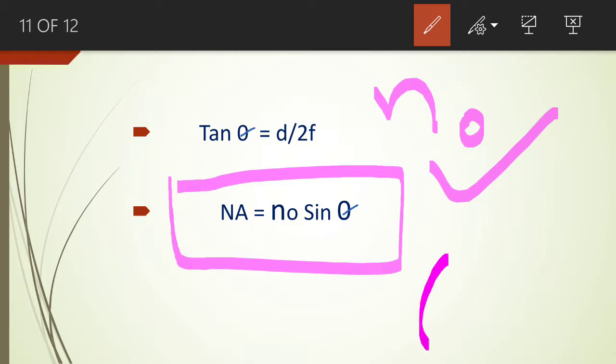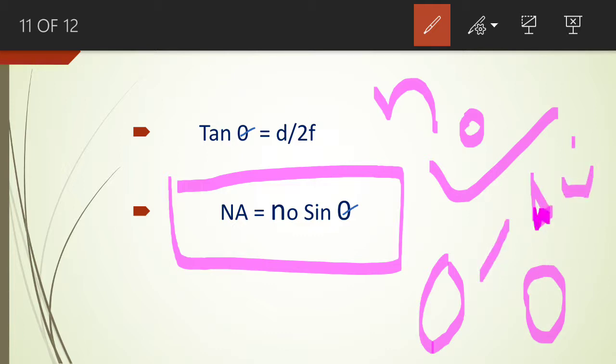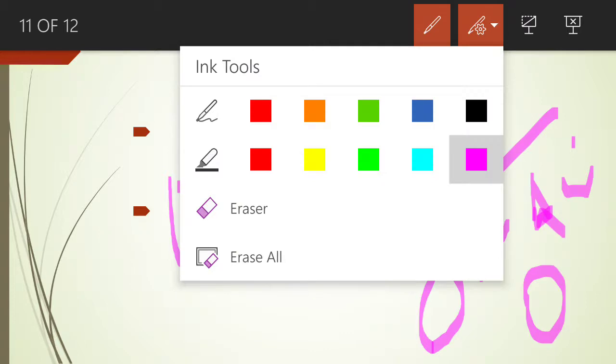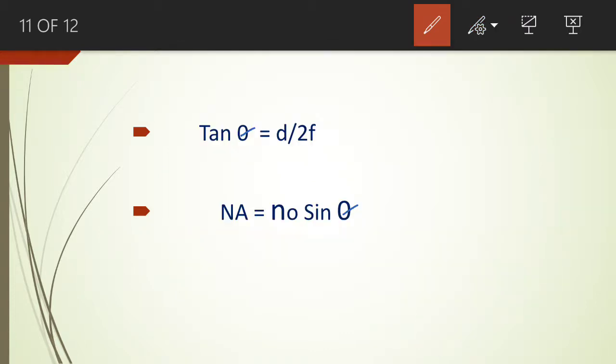And we know that this medium is basically air. So this is how we calculate the numerical aperture of the photodetector.